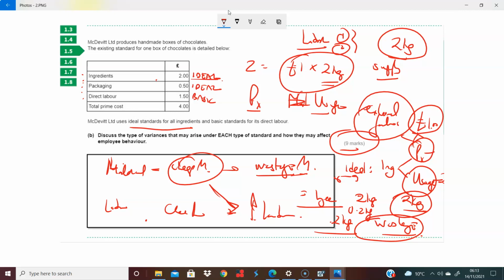The material is not very good, so they might lose motivation and not be very good. The other point, of course, is that even if you have good material and inefficient labor, you are likely to have wastage of that material as well, which might be due to cheap labor.